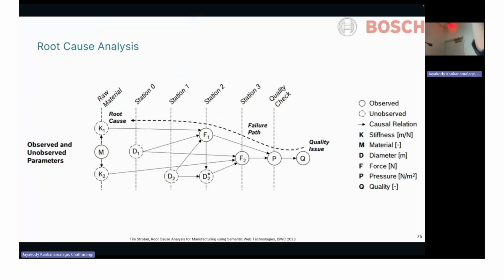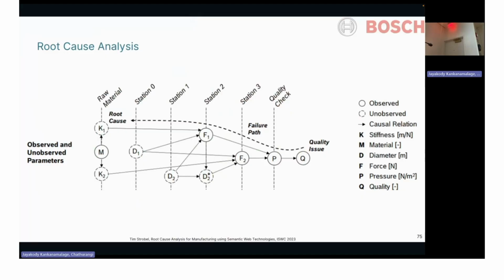So here's another schematic of the same kind of toy production line. And what we're seeing here is a causal graph superimposed over that production line, right? So each variable here is a parameter, and we can see the failure path from the failed quality check all the way to the root cause.